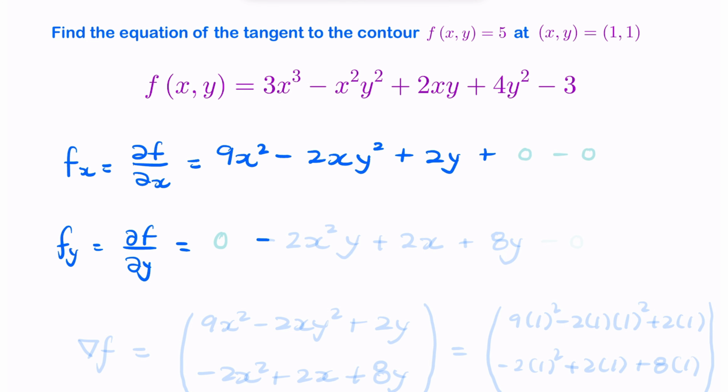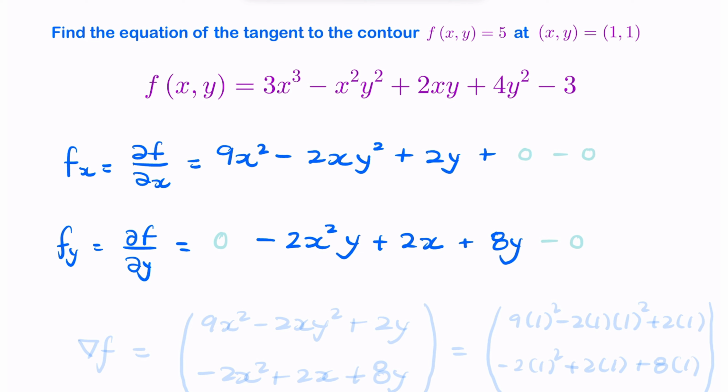The x squared, y squared becomes x squared times 2y, so it's negative 2x squared y, plus 2x, because the x is considered a constant, plus 8y minus 0. These zeros are because we're treating the x as constant this time.